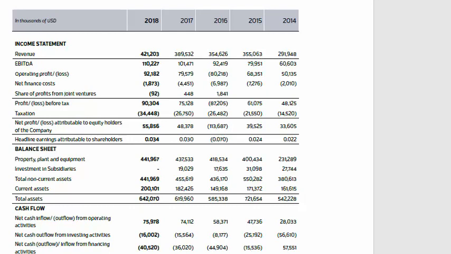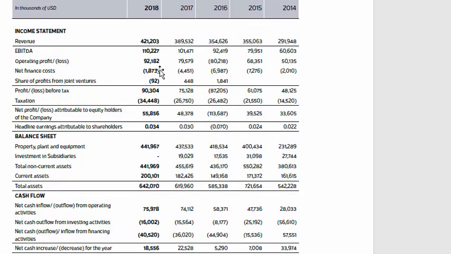This is an extract from actual financial statements of a company listed on the Lusaka Stock Exchange. They are listed according to the years, starting from 2014 to 2018. So if you wanted to make interpretations on this information, we would start looking at the figures one by one.